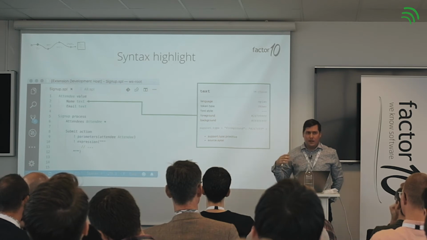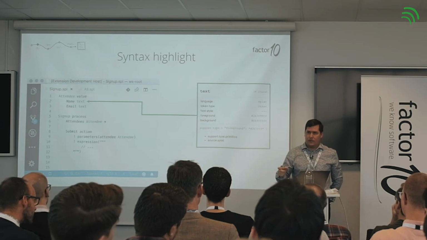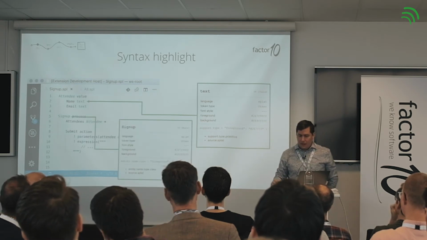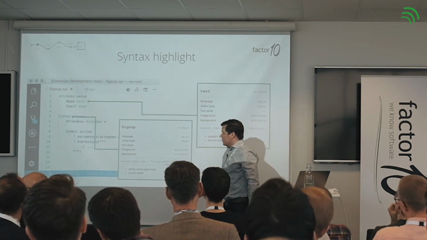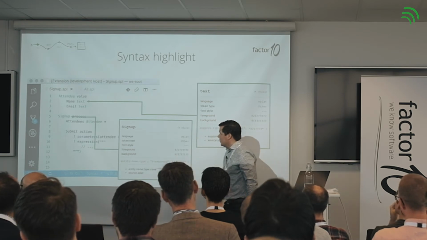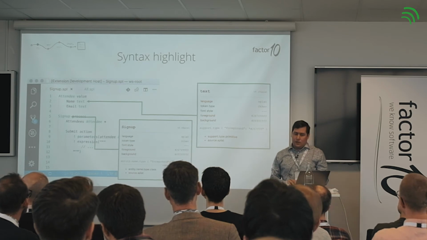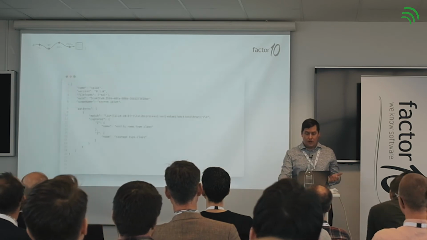You just specify this word is a token of this type, and then you leave it to the theme to determine which color it is. And we have sign up here, which is not a class, but it's the closest thing. So I categorize it as a class basically, and as I said, the colors come from the theme. So you do that for all your important words, the ones you want to highlight.